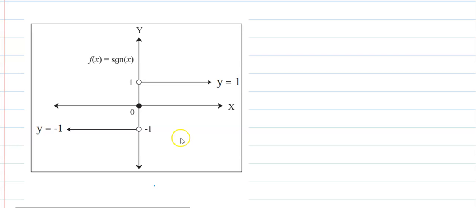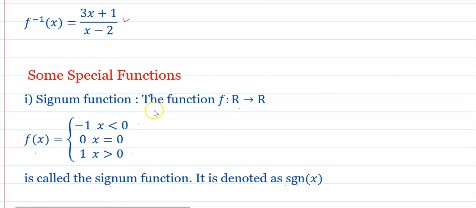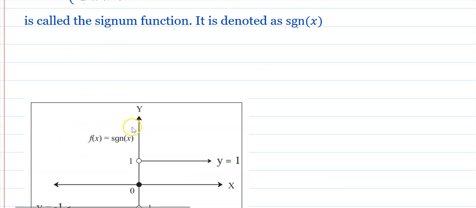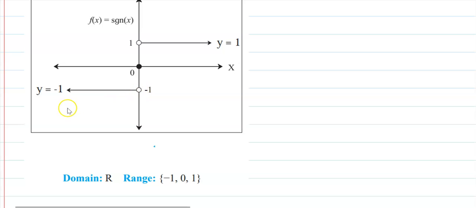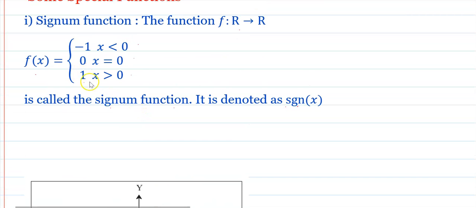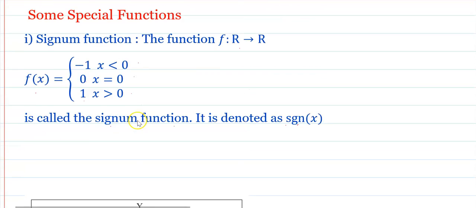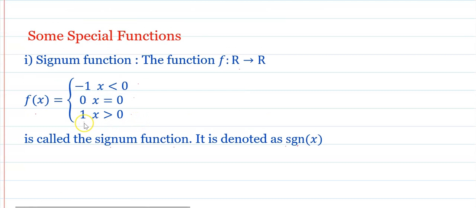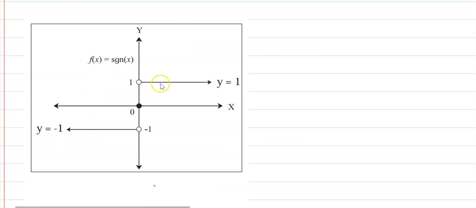Okay, and the figure is like this. It is minus 1 if x is negative, 0 when x is equal to 0, 1 if x is positive, means here.